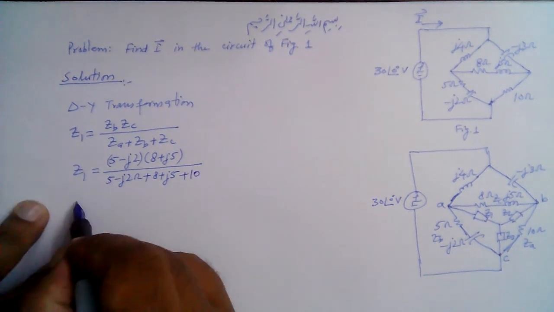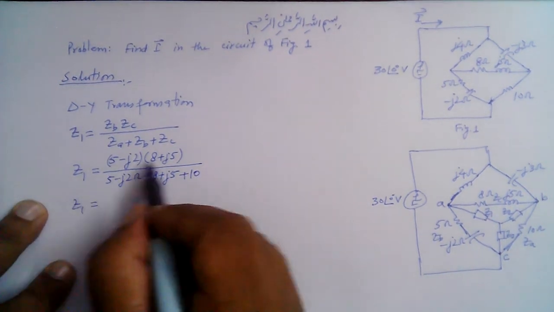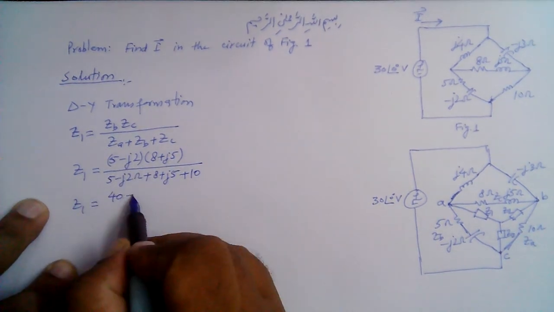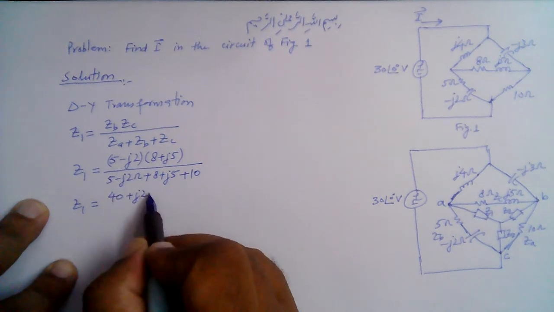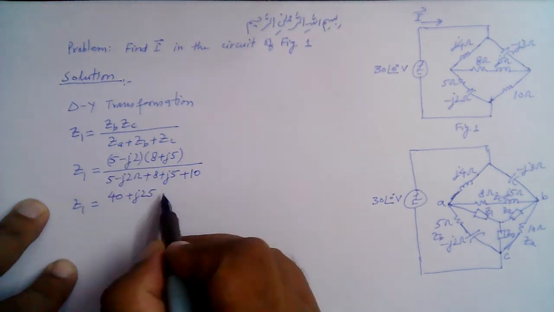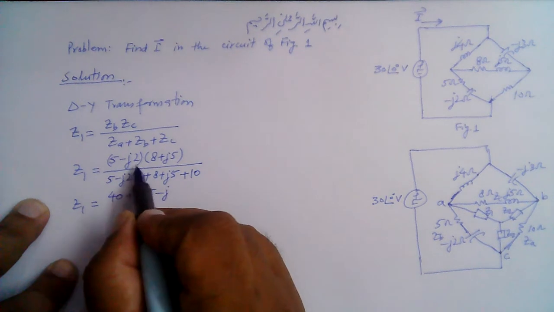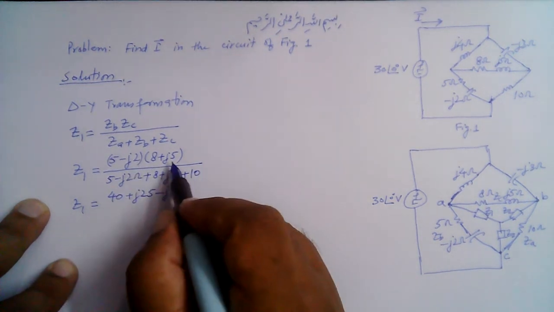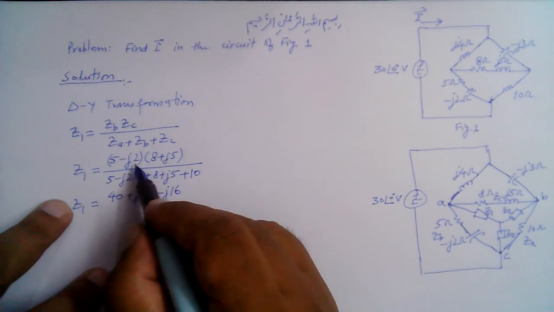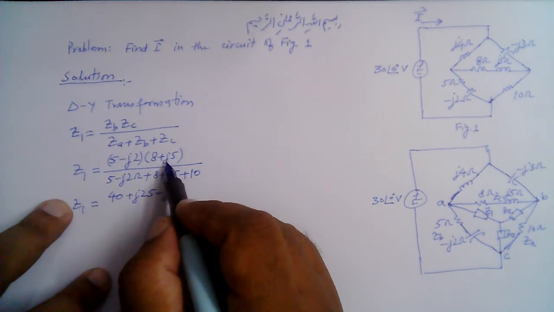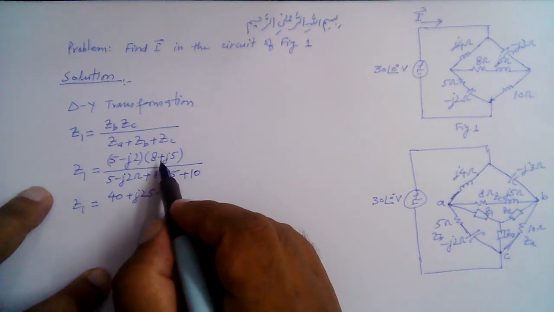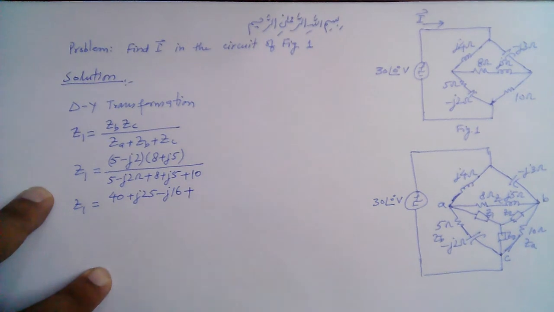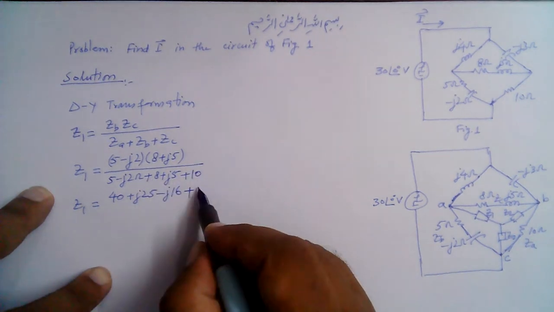So Z1 is equal to 5 into 8 is 40. 5 into j5 is plus j25, and then minus j2 into 8 is minus j16, and minus j2 multiplied by j5. So minus j into j is minus j squared, and j squared is equal to minus 1, so minus 1 into minus 1 is plus, that is plus 10 here.